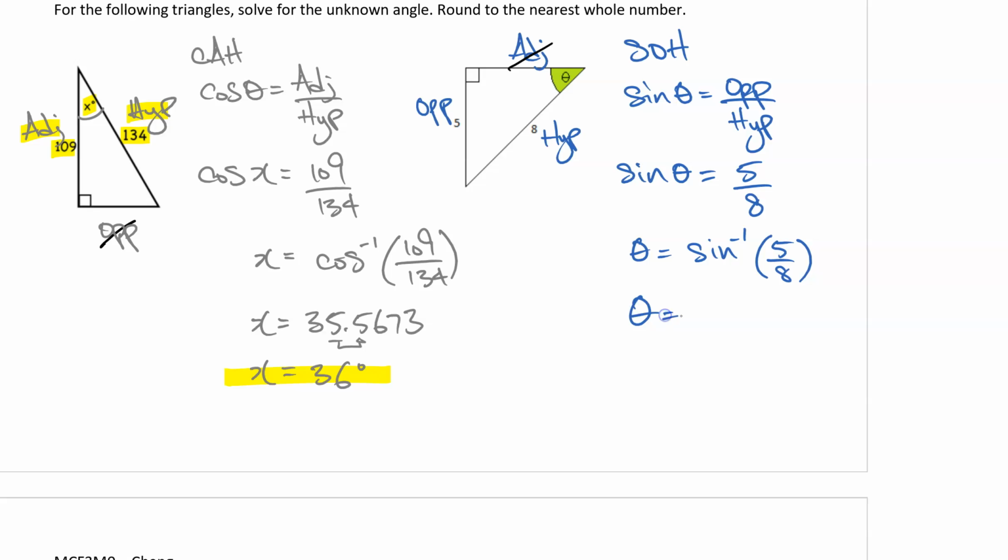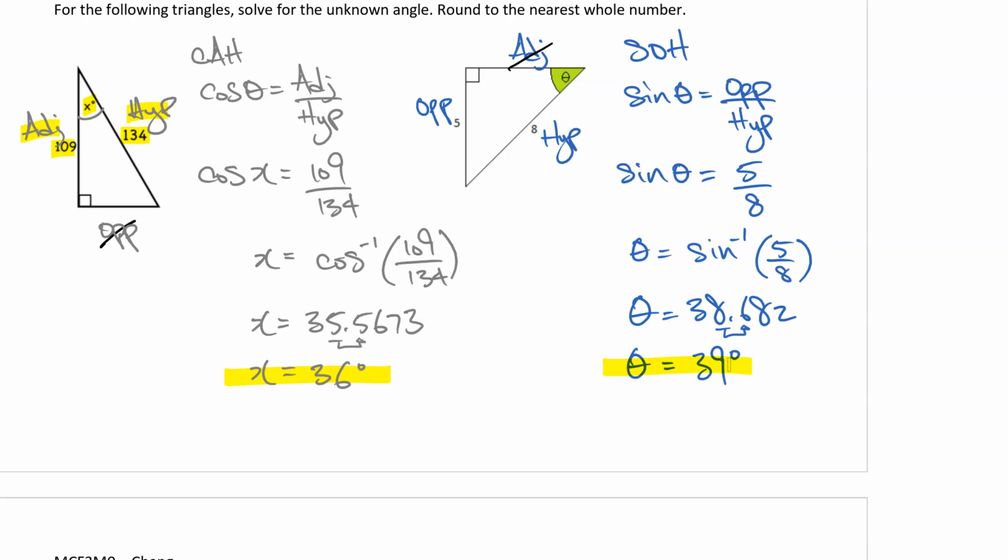And theta will be equal to 38.682. Looks something like that. Of course, we have to round it to the nearest whole number. I'll call that 39, because that 6 will push the 8 to a 9 degrees. And that's how you work it with an angle.